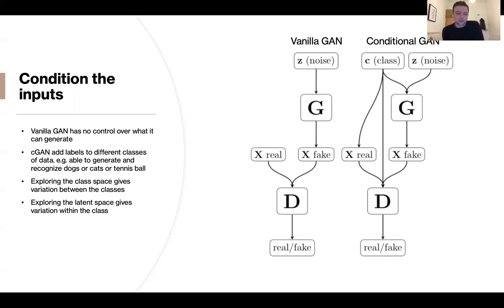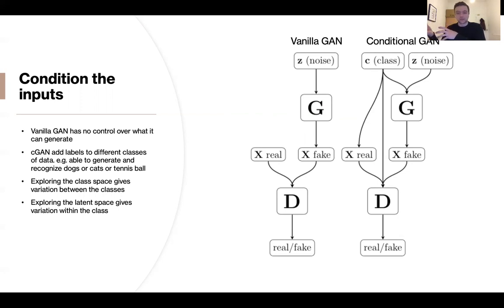So the Z vector, the latent space, when you vary it, should give you variation within the specific class. So say you have chosen to generate a picture of a dog, the Z vector, if you varied that, would give you maybe different breeds of a dog or different fur colors, etc.